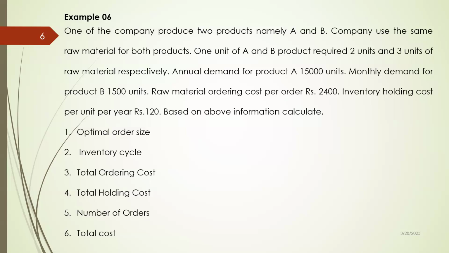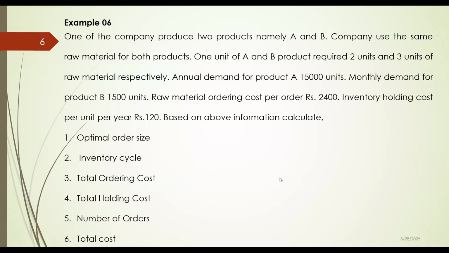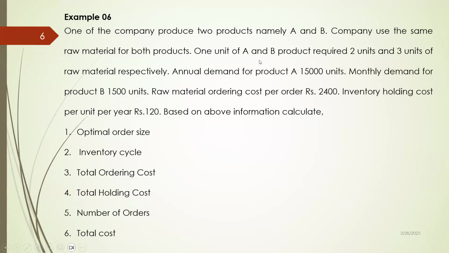EOQ equals root of 2DS over H. In our question we are given H as 120 and S as 2400. Then we have to find D, that means demand. The demand is 50,000 into 2 plus 80,000 into 2. The total is 84,000. Then we know D, S, and H, so we can find the EOQ.